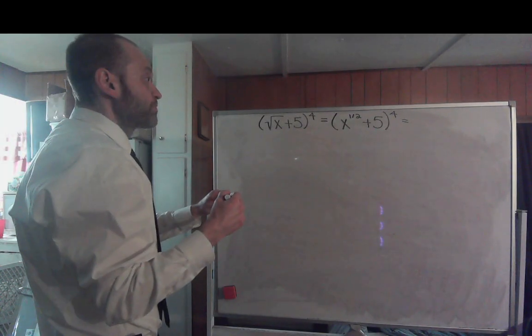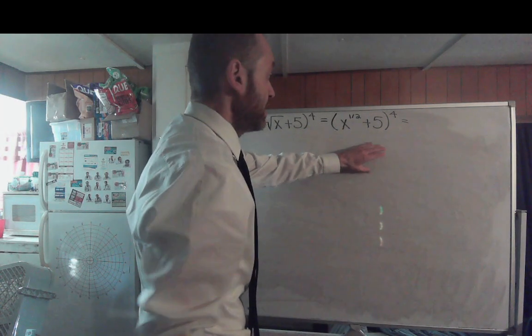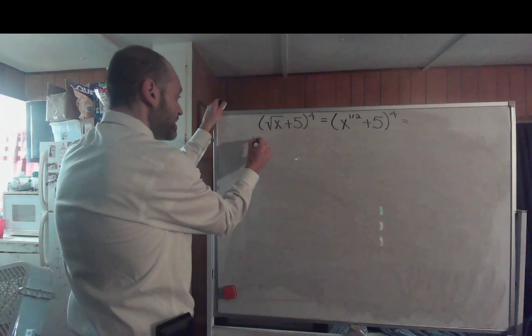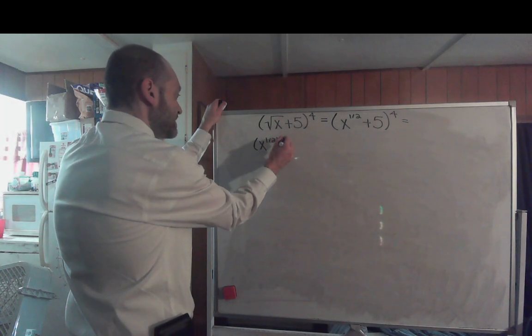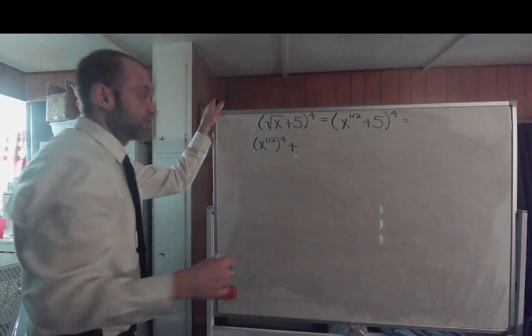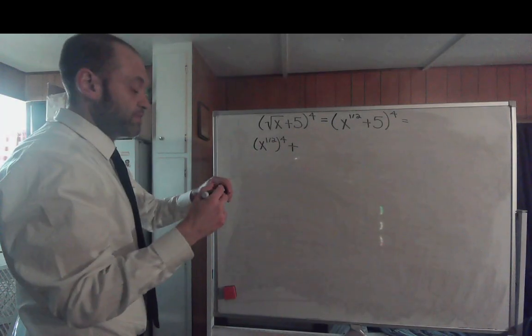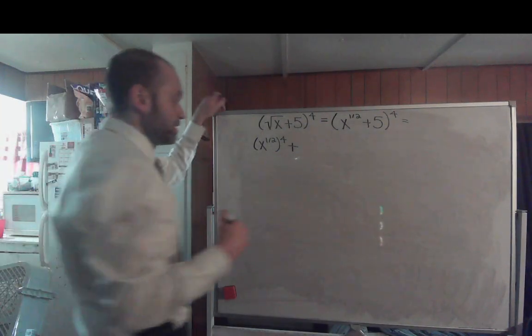So let's go ahead here, let's start expanding to the fourth power. So you'll take that x to the 1/2, raise that to the fourth, plus, to get the next term, I'll take 4 times my coefficient of 1, which is 4, divided by the term number I'm on, which is 1.